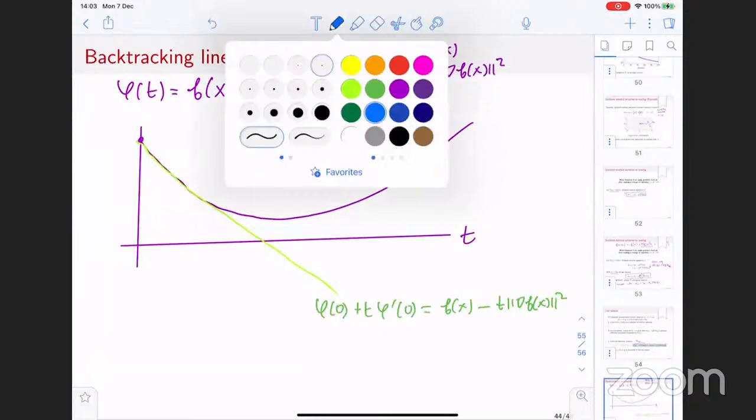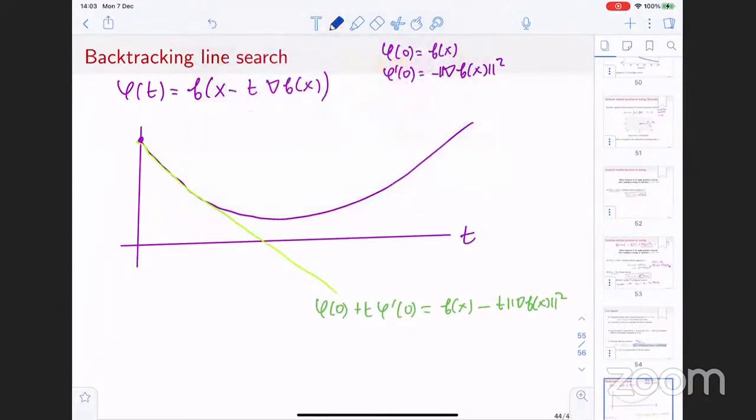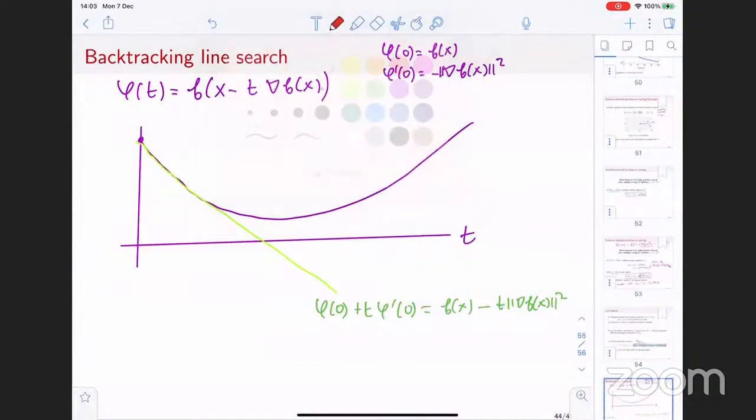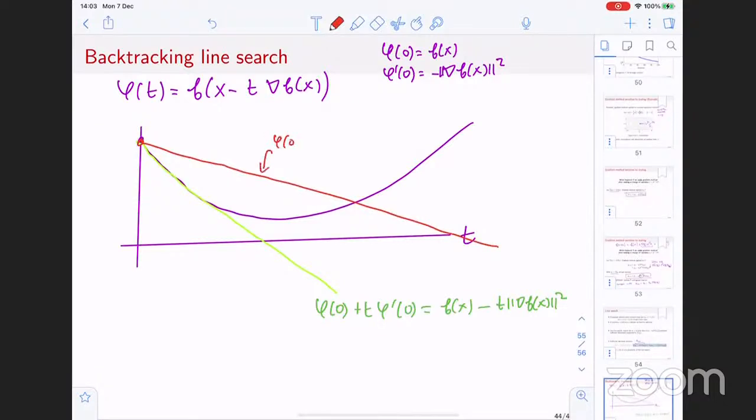So let me try with red here. I'm going to consider this line: phi of 0 plus my alpha times t times phi prime of 0, where alpha is between 0 and 1.